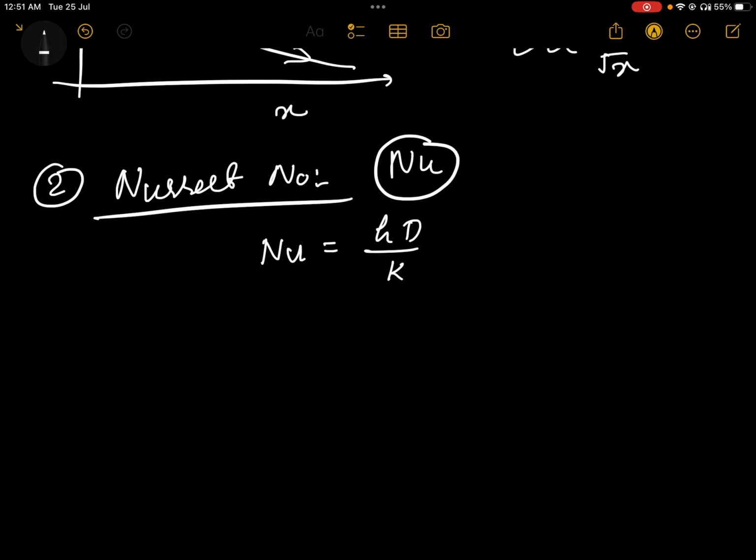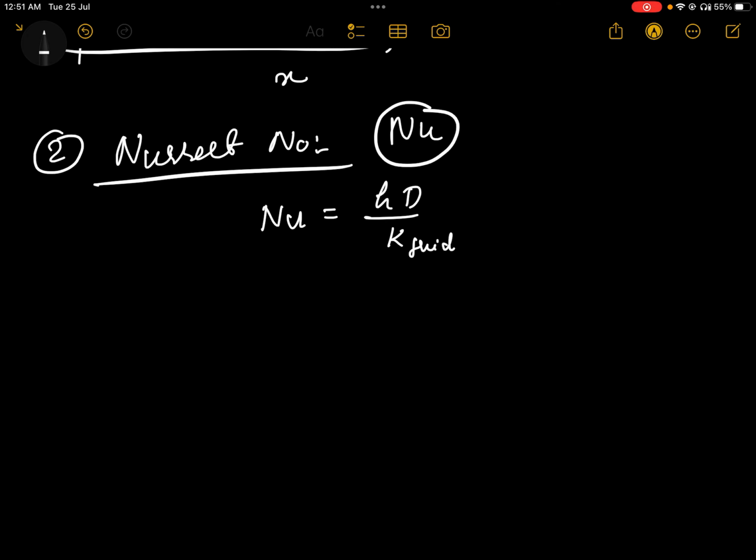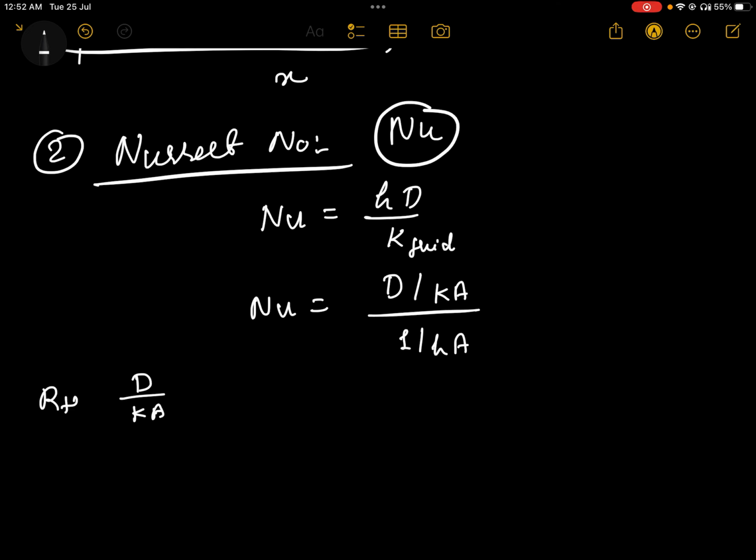But this conduction heat transfer coefficient is applicable here for the fluids because the Nusselt number is defined for the case of the flow. Okay, if we manipulate some more, then we can write it like this: d upon Ka divided by 1 upon Ha. So what is d upon K? d upon K is thermal resistance. What is 1 upon Ha?